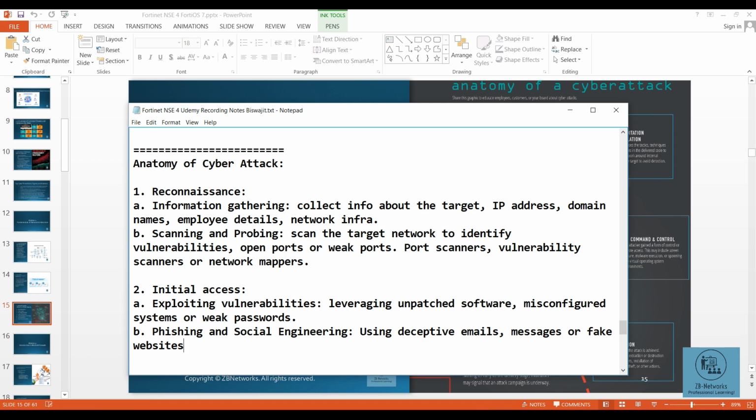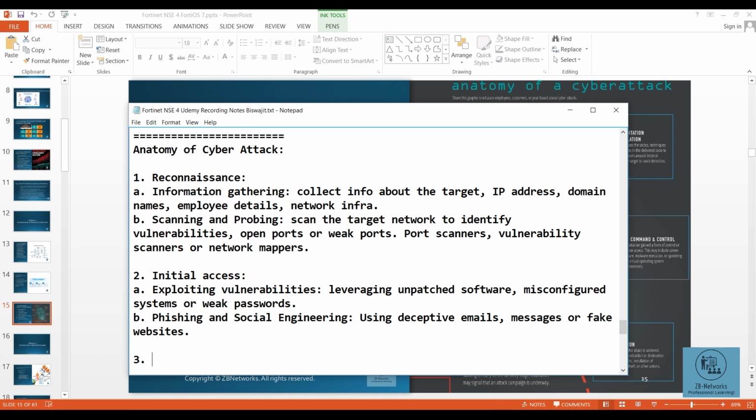Attackers can trick the individuals who receive those into disclosing their sensitive information, such as login credentials, and that will enable unauthorized access, right? So phishing and social engineering are the very, very basic tricks the attacker uses to deceive any individual to gain initial access to their networking component.